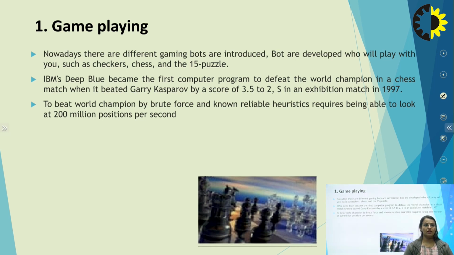To beat the world champion, IBM Deep Blue used brute force techniques, which require being able to look at 200 million positions per second. So basically, it uses brute force techniques, and given its efficiency, it can view up to about 200 million positions per second. This is a basic application of AI in game playing.